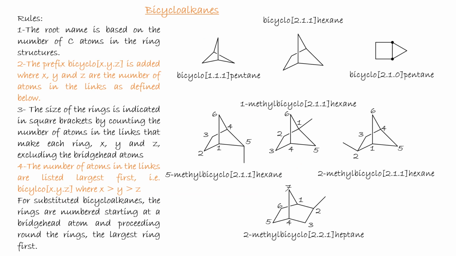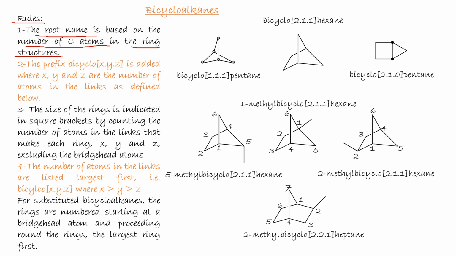For bicyclic alkanes, the rules are the following. Number 1, the root name is based on the total number of carbon atoms in the ring structures. 1, 2, 3, 4, 5.